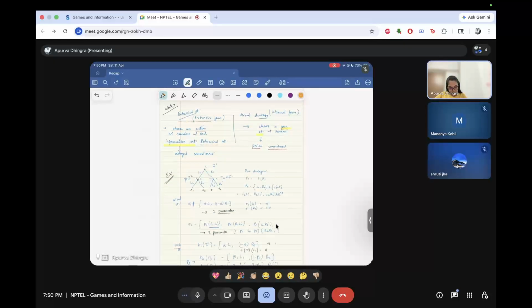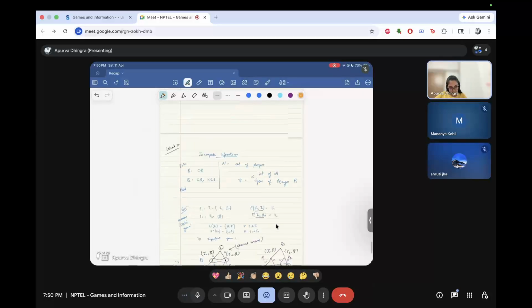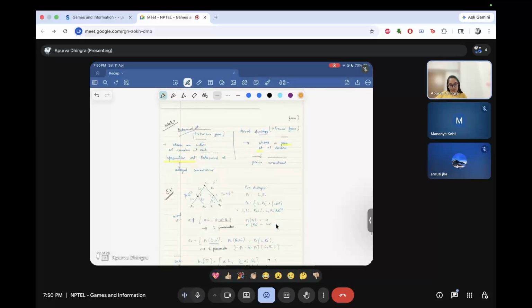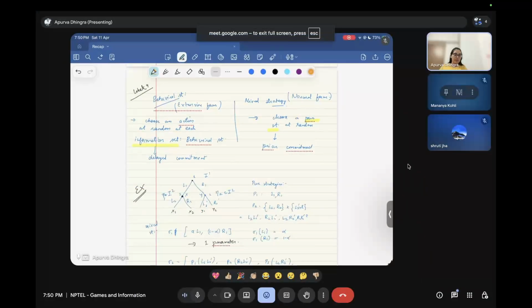So then, week 9 is behavioral strategies. Now let's talk about randomizing in these extensive form games. Randomization can be done in two ways, just like the solution concepts were of two kinds: either in normal form or by recursive rationality, that is, induction.